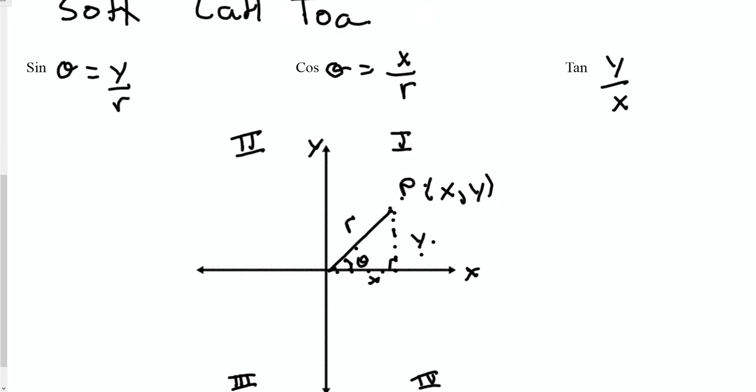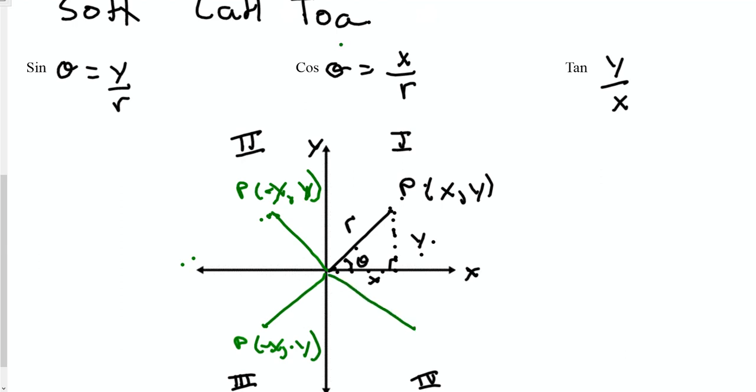So let's say in quadrant 2 I have some point P. I know in quadrant 2, my x values are negative. My y values are still positive. All right, in quadrant 3, my P values, both x and y, are going to be negative. And then finally in quadrant 4, x is positive, but y is negative.